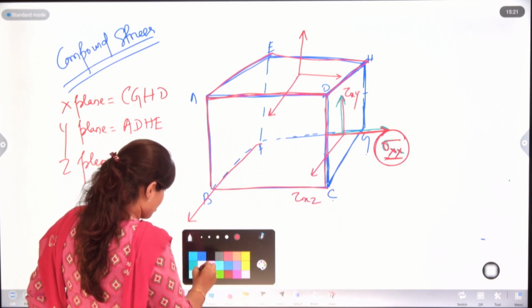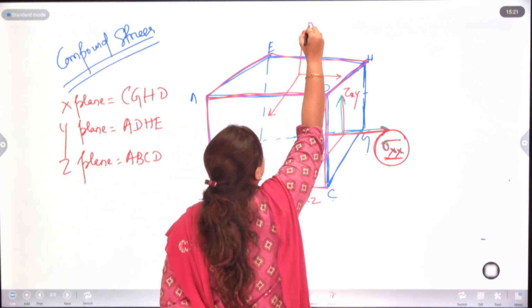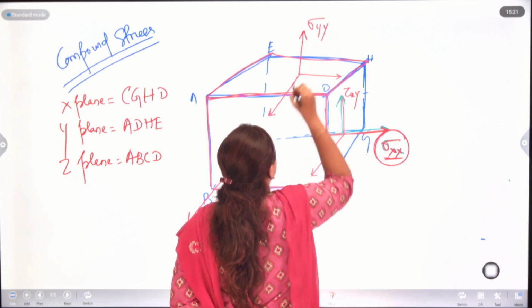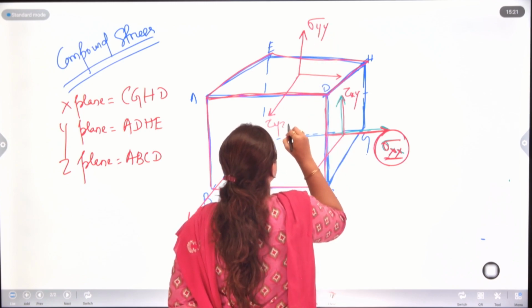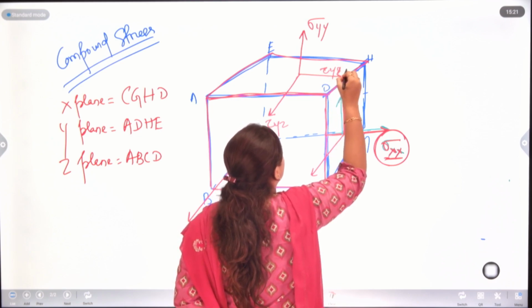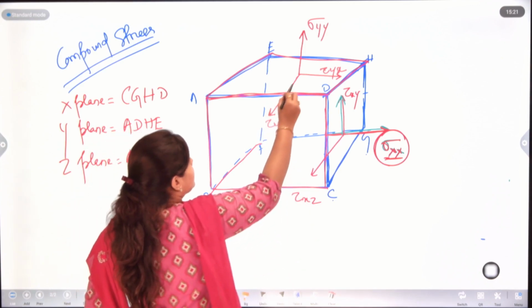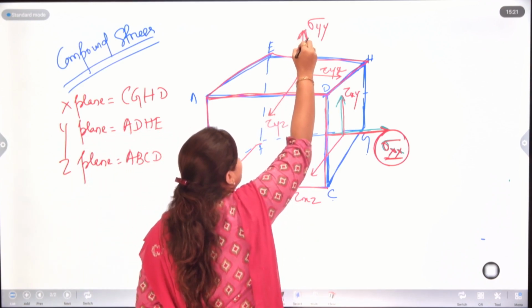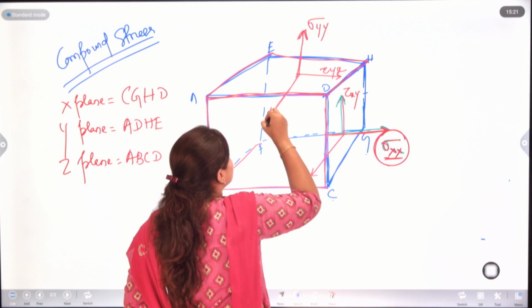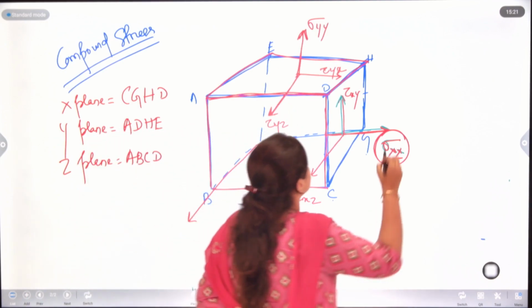So, we can name them sigma yy, tau yz and tau yx, right. Why sigma yy? Because this stress is acting in the y plane and along the y direction.